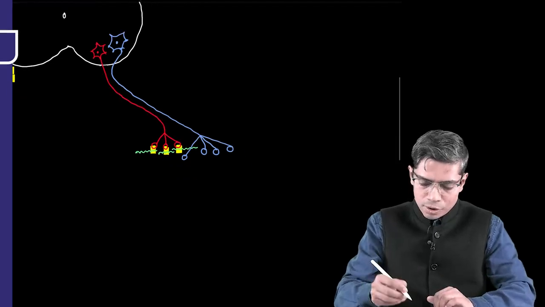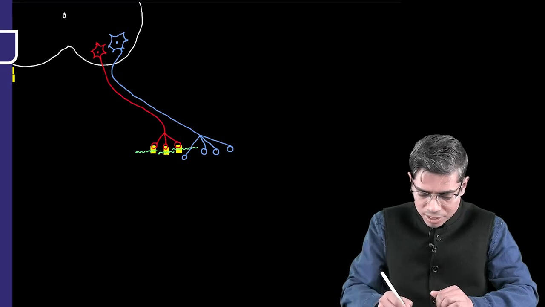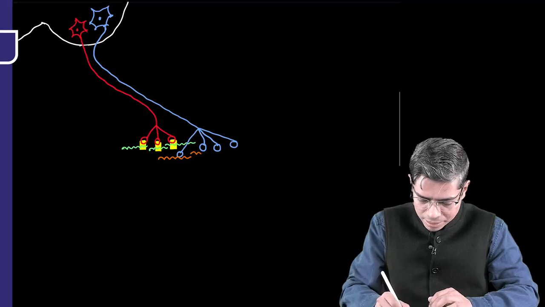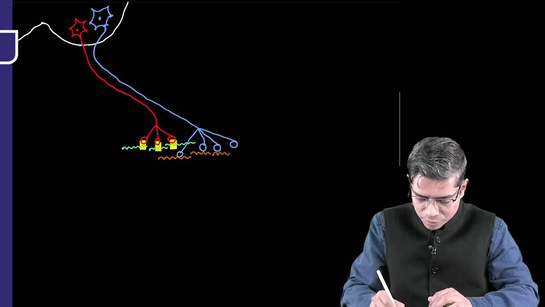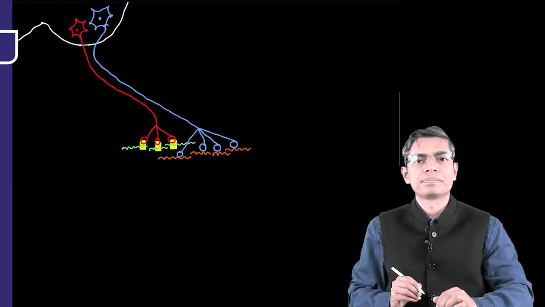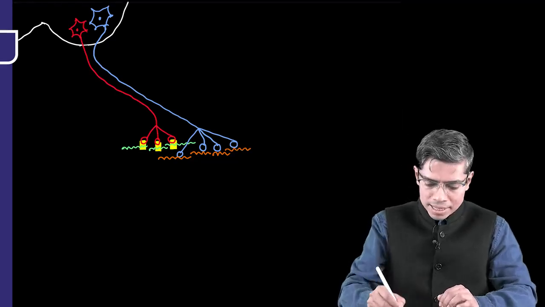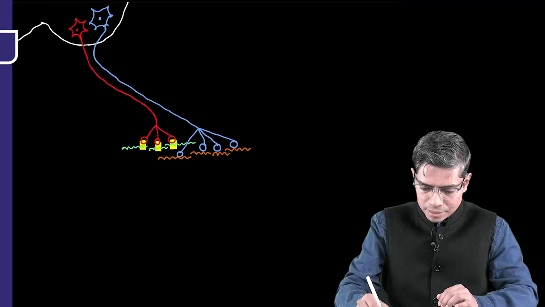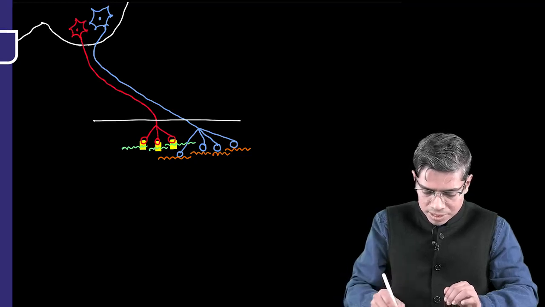Because it is forming 4 axon terminals, it is going to form synapse with skeletal muscle fibers again, but here it will make synapse with 4 skeletal muscle fibers, right? So now I can understand that this is our whole skeletal muscle.